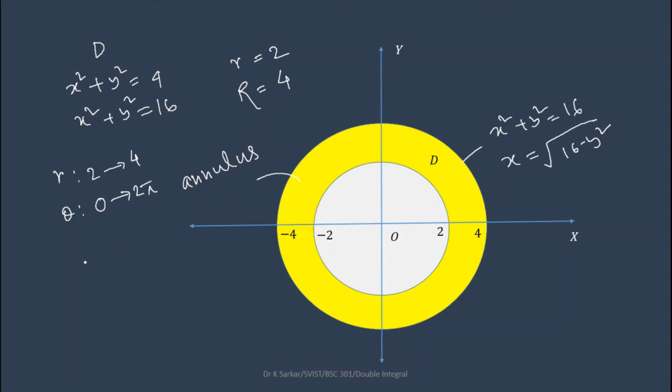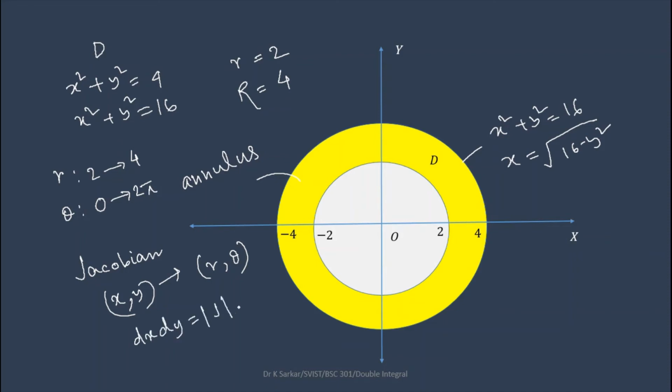And we have to find the Jacobian, because when we transform Cartesian coordinate system to polar coordinate system, then we have to multiply by the Jacobian. And dx dy will be the modulus of Jacobian dr d theta. And we know that for Cartesian to polar coordinate system in 2D, the Jacobian is r. Then dx dy will be r dr d theta.